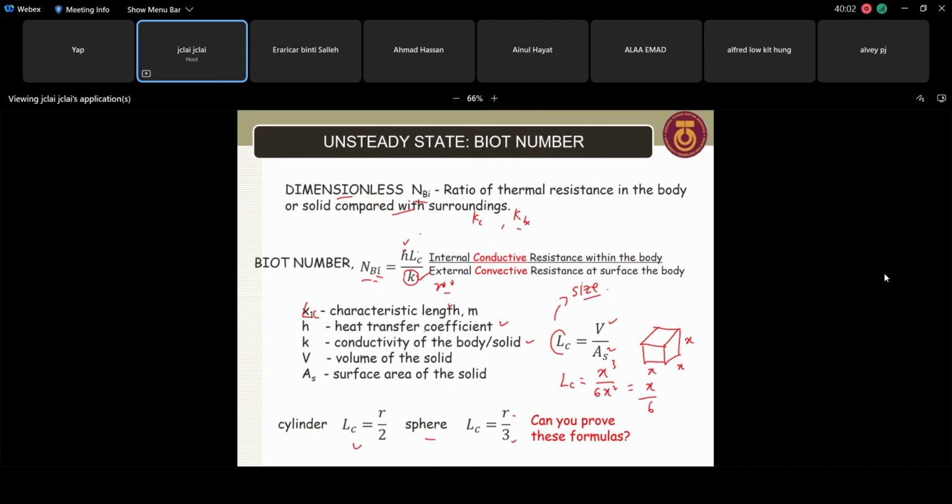Then what about LC? I explained already just now. If the size of the copper ball is 1 cm as compared to a copper ball of 1 meter, then of course LC is greater for the one with the 1 meter diameter.